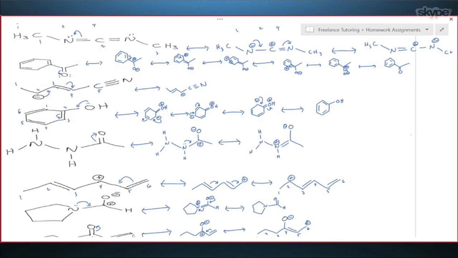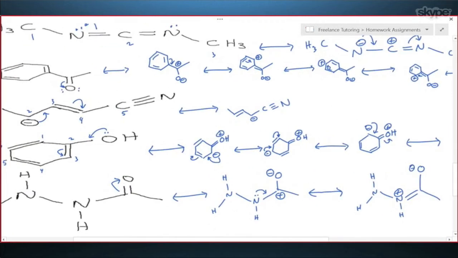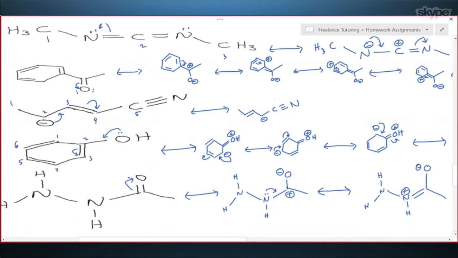Okay, now the next example, I think we can draw another resonance structure. Oh, okay. See if you can find that next structure. Perhaps something like that.